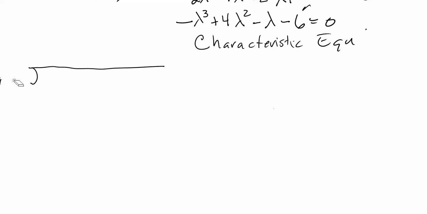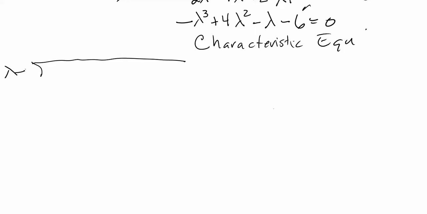I'm going to try guessing that one of the roots is 3. So I'm going to start out with lambda minus 3 out there, and then I just am going to divide that factor out of the characteristic equation and see what we get.